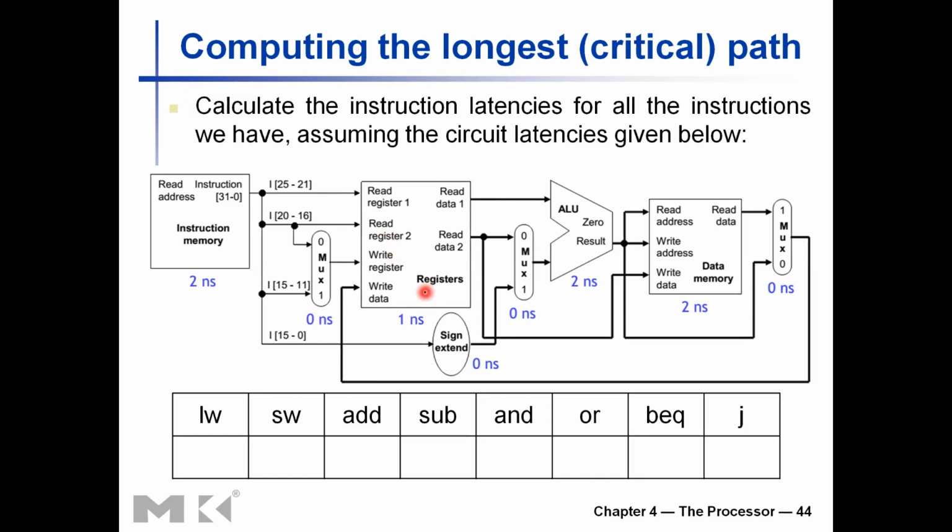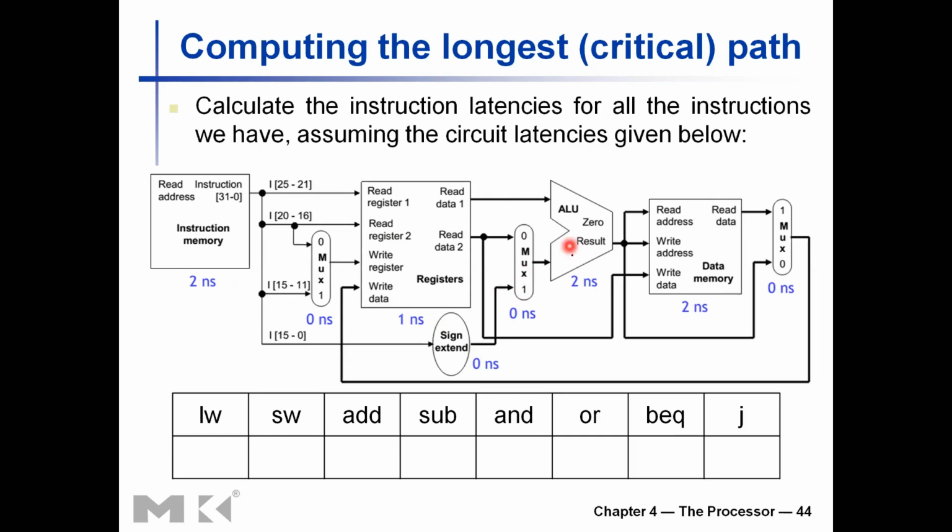So register file reading will consume around 1 nanosecond. Instruction memory reading will consume around 2 nanoseconds. Then we'll assume the sign extender and this multiplexer also will not consume any time. The time is negligible.